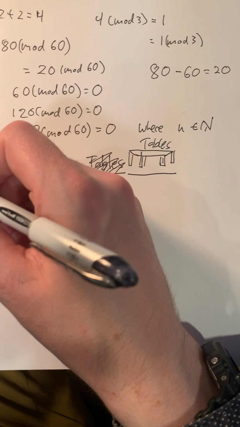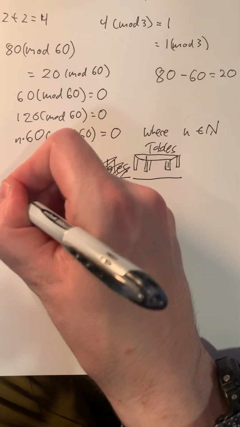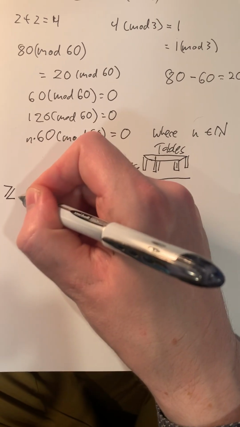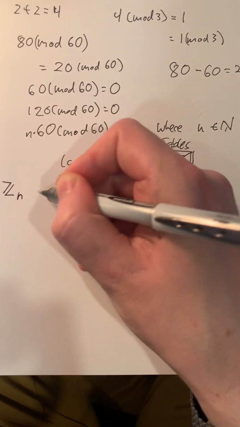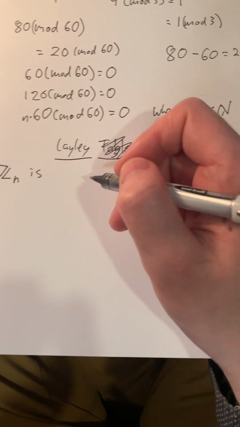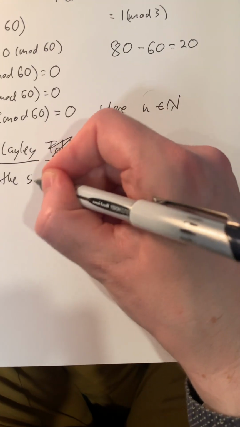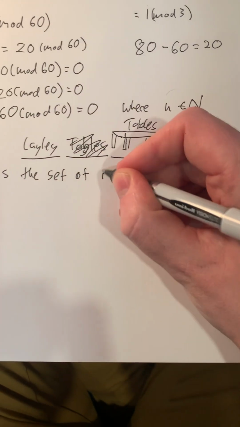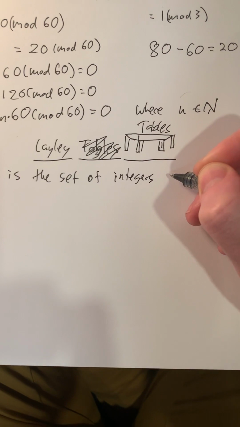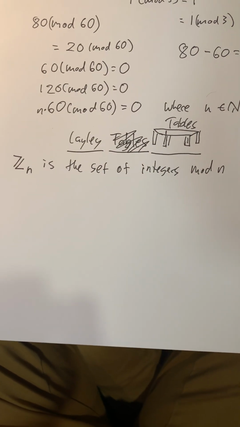And we can denote the group mod n using this simple notation. So Z n is the set of integers mod n.